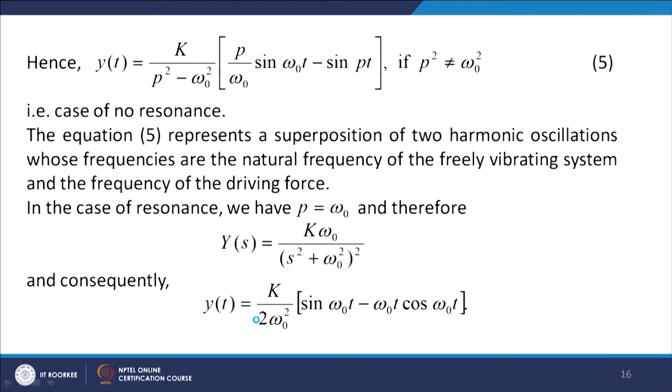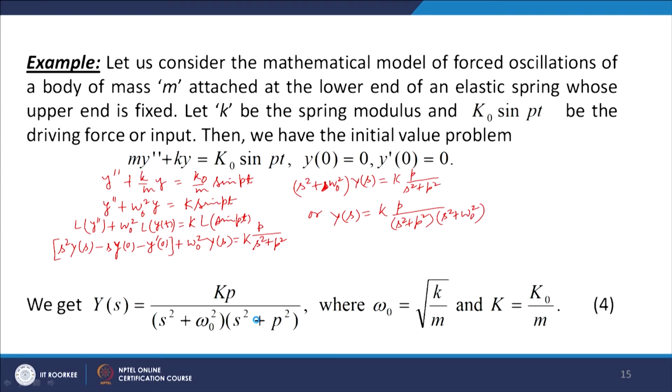We can then find the inverse Laplace transform. What we will do is break it into partial fractions. Y(s) can be written as K p upon p square minus omega naught square, times 1 upon s square plus omega naught square minus 1 upon s square plus p square.